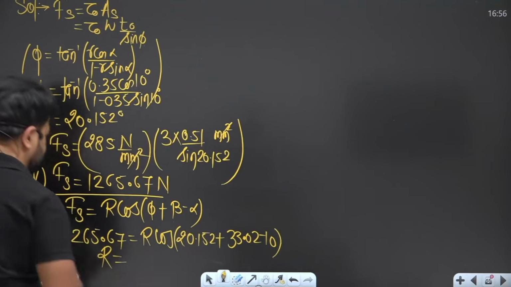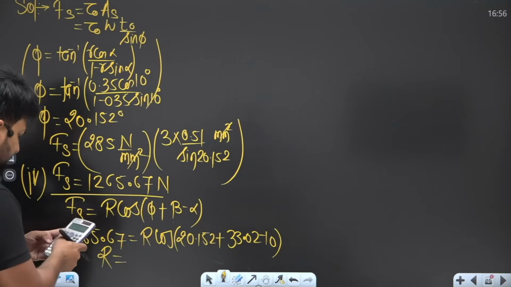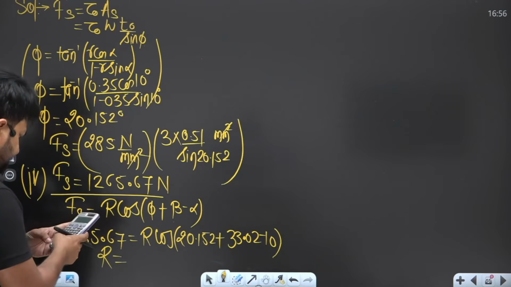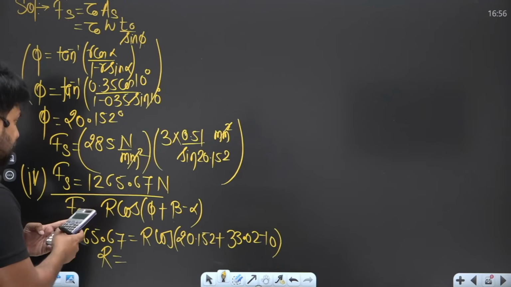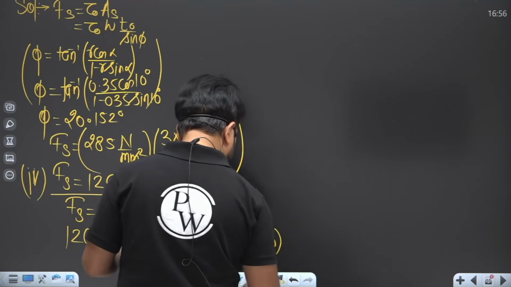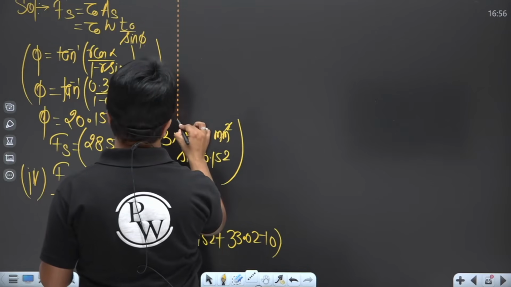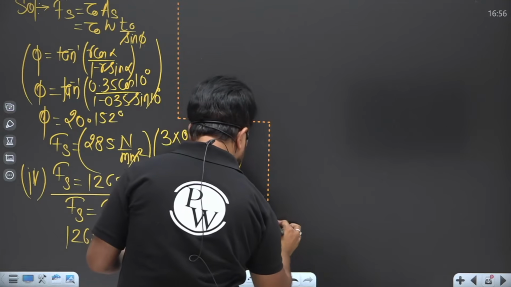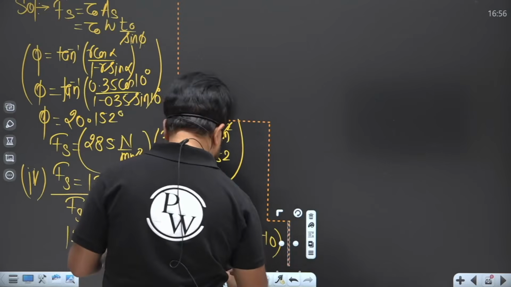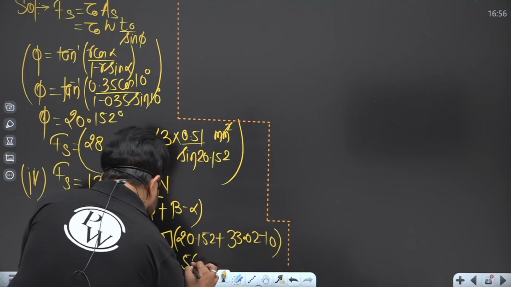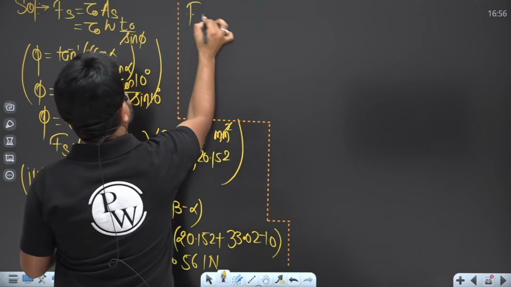So now we have the value of R. cos(20.152 plus 33.02 minus 10), 1265.67 divided by answer. See, R is 1735.561 Newton.